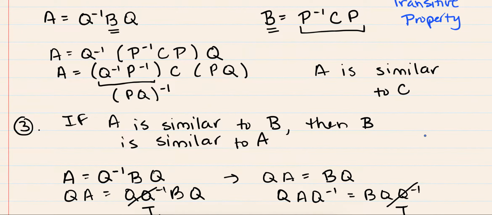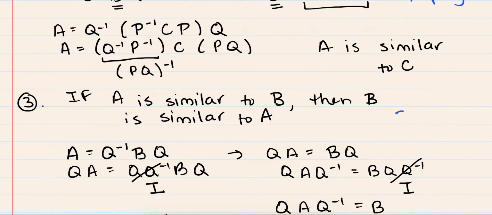And this one is called the symmetric property. And if you have all three of these, it's called an equivalence relation. So similarity is a type of equivalence relation.